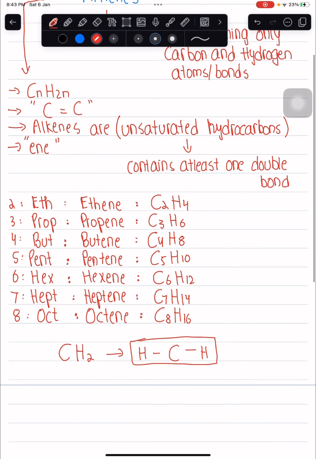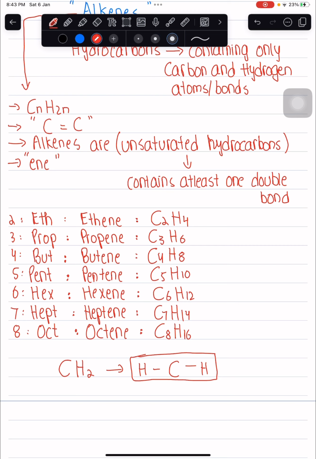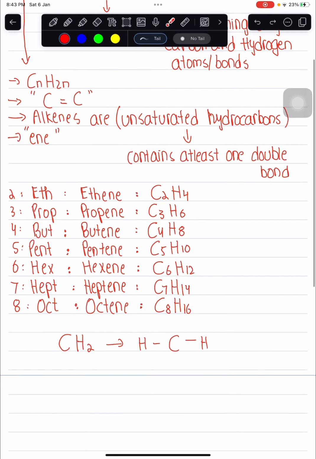And what we said earlier is that alkenes must have a carbon-carbon double bond, and here there are no double bonds. Plus, carbon always makes 4 bonds, while over here it's just 2 bonds. So basically methene does not exist.